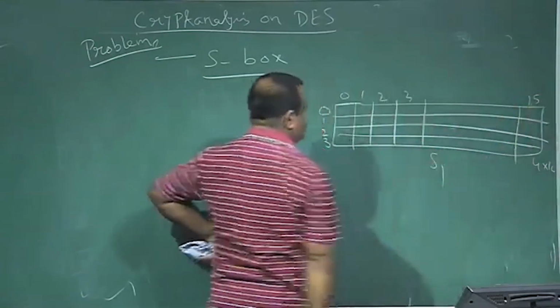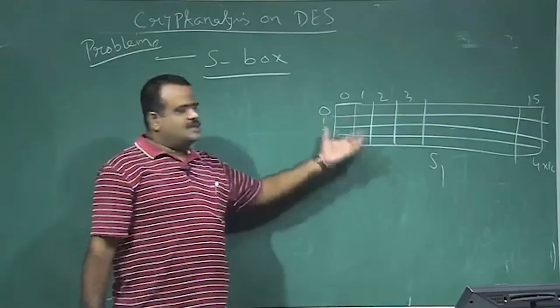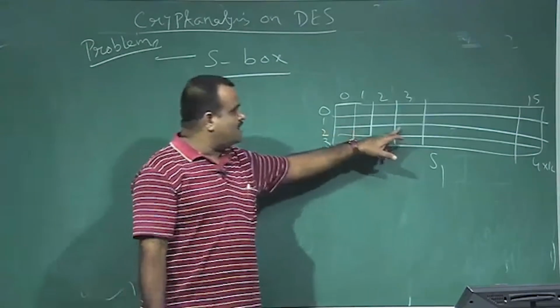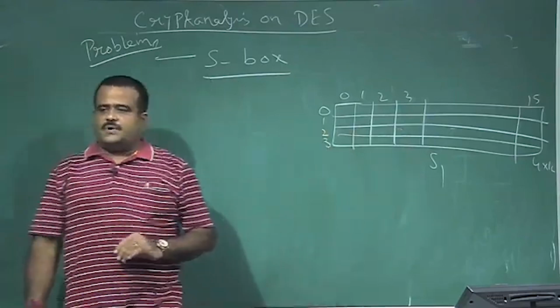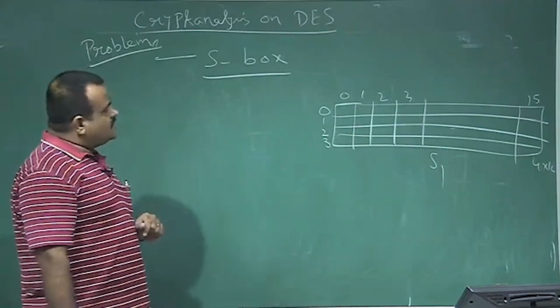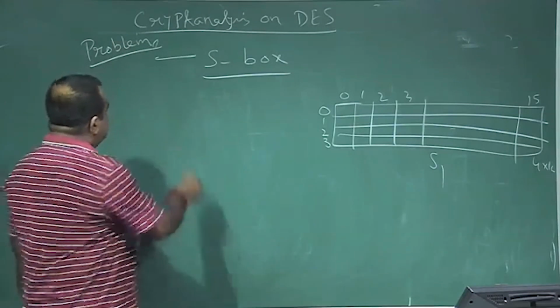Say this is S1. There are 8 such S-boxes. They have just given the S-box in a table and we need to do the table lookup, but how these values are coming, there is no proper explanation for that. So, that is one of the drawbacks of this.